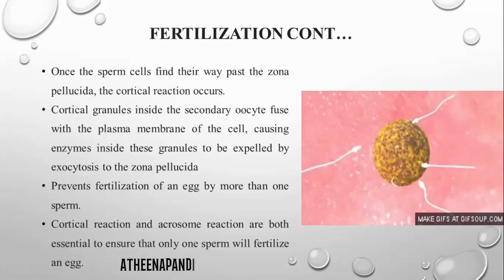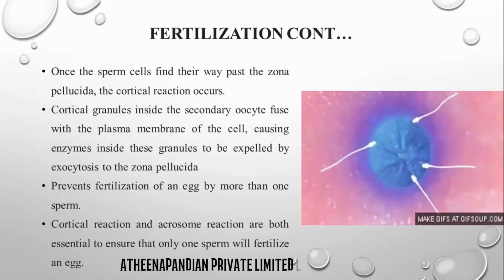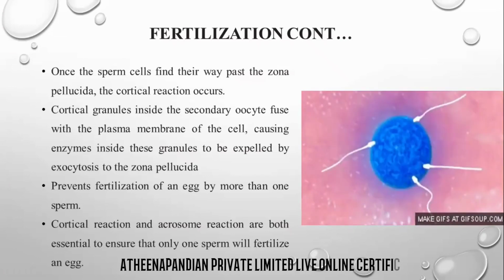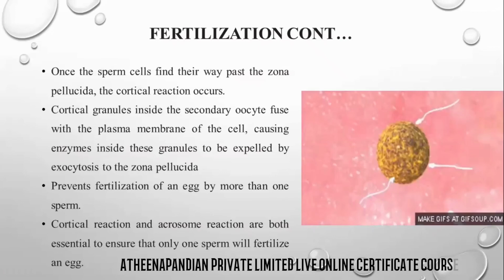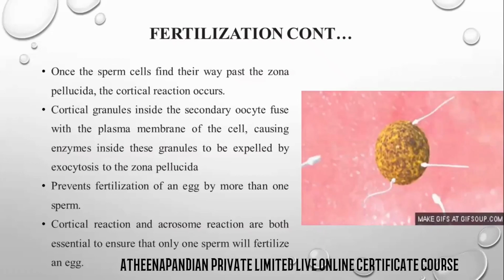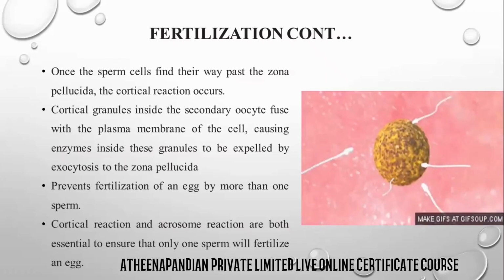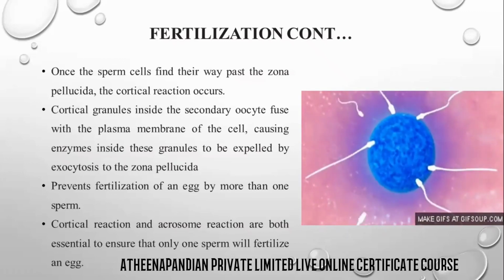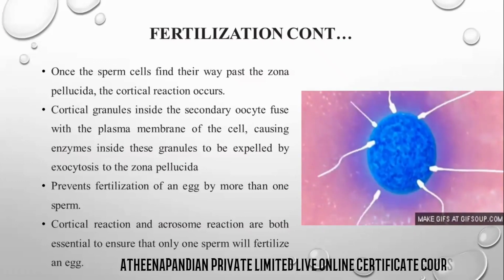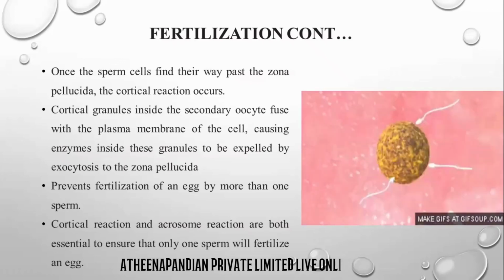We have an enormous number of sperms in the uterus, and most of them will move towards the ovum present in either the left or the right fallopian tube, because the progesterone hormone secreted there attracts the sperms. The sperm has more affinity towards this hormone, so many of the sperms move towards the ovum.